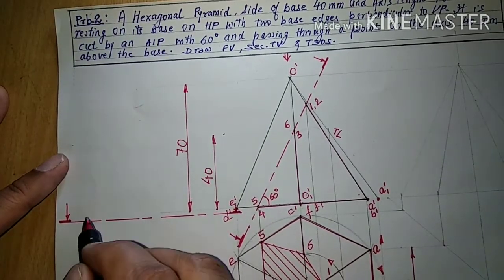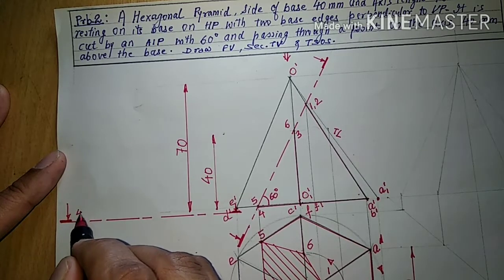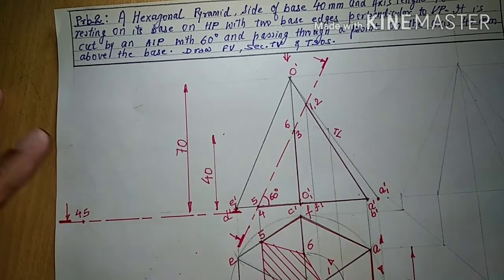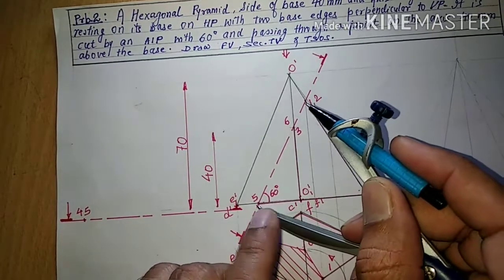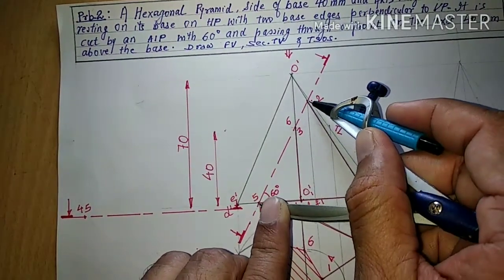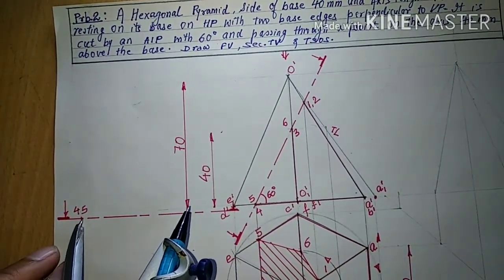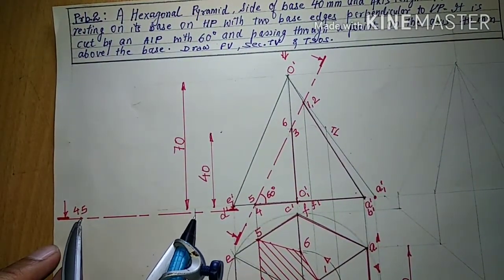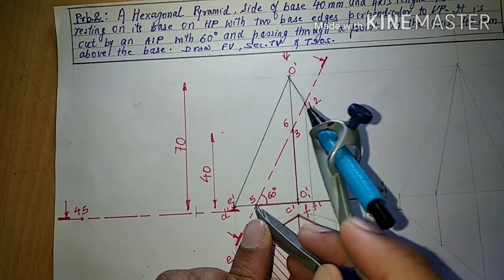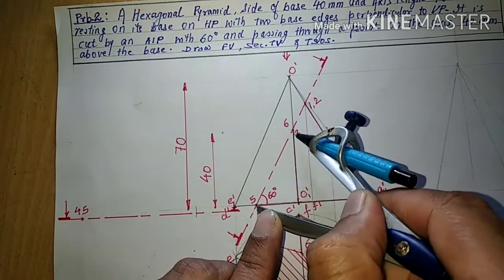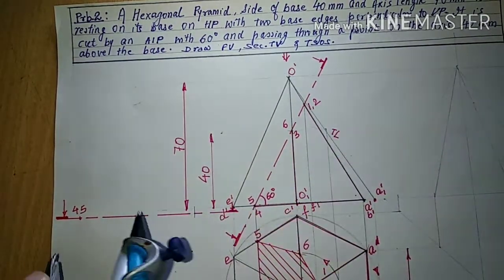Now any one side we will locate 4 and 5 point, and then we'll measure all these distances and we'll mark on it from 4 and 5, and from again 4 and 5, 3 and 6 distance.